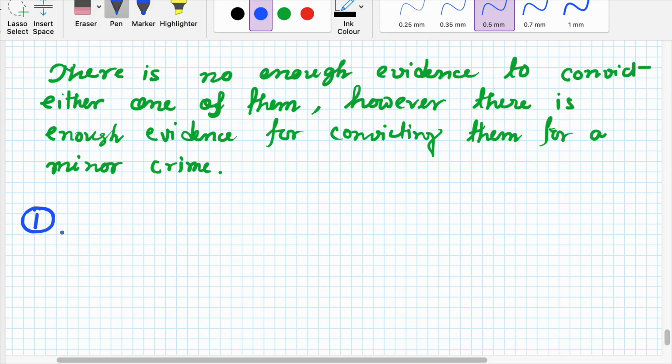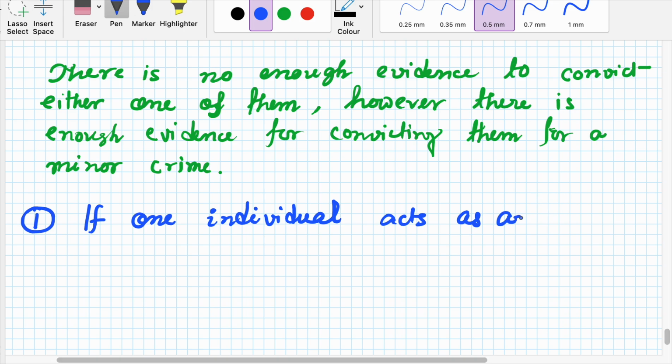The police gave both prisoners this condition: if one individual, that means one prisoner, acts as an informer against the other.